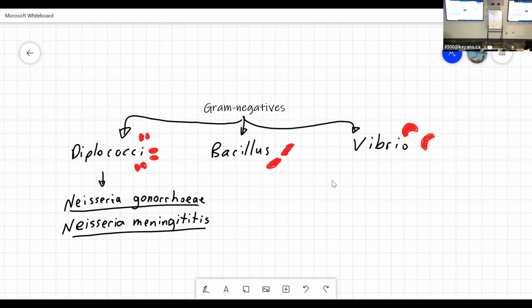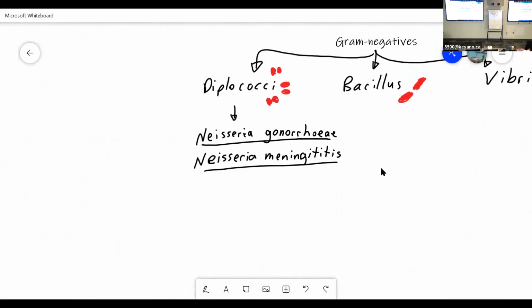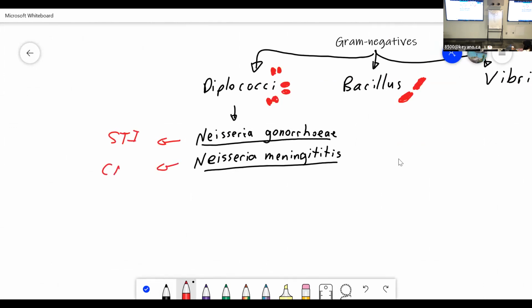Sorry, I'm just trying to figure out how I can move this over here just a little bit. Got a couple of notes about those. So Neisseria gonorrhea, of course. What was I going to say about it? This is a sexually transmitted infection, and this is infection of, like I said, the brain or spinal tissue, right?